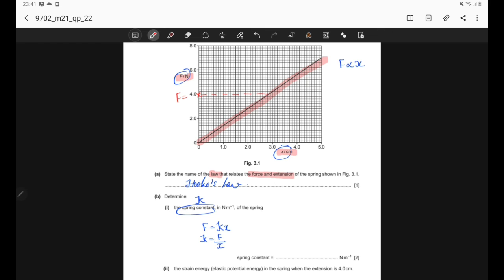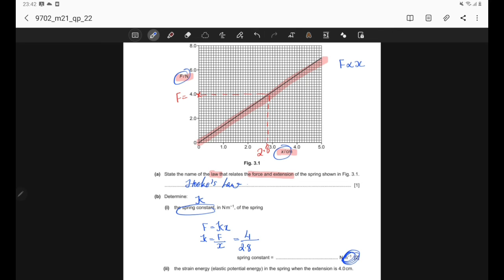So by extending, we can understand it is 2.8. We can substitute. When force is 4, its extension is 2.8. It's in centimeter. We need to convert into meter because we should get the answer in meter.